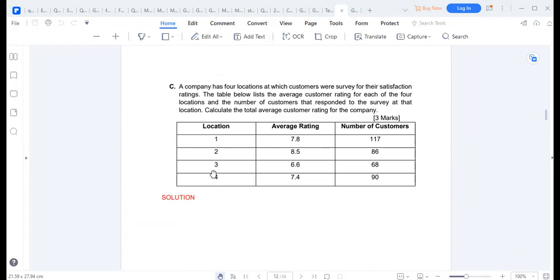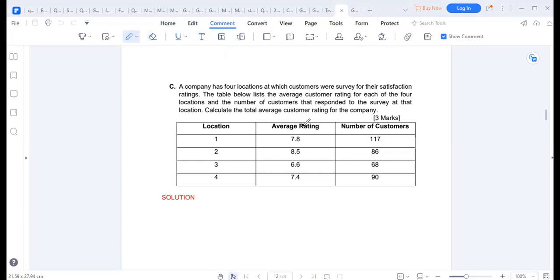They could be A, B, C. We are told the ratings on average for the 4 locations are given. So we can call this a midpoint since they are average ratings, not your means. So the value of x: 7.5, 7.8, 8.5, and that. Then the number of customers will be called our frequency.